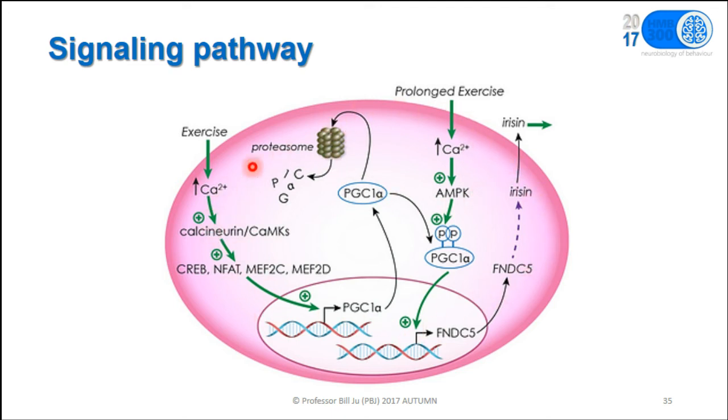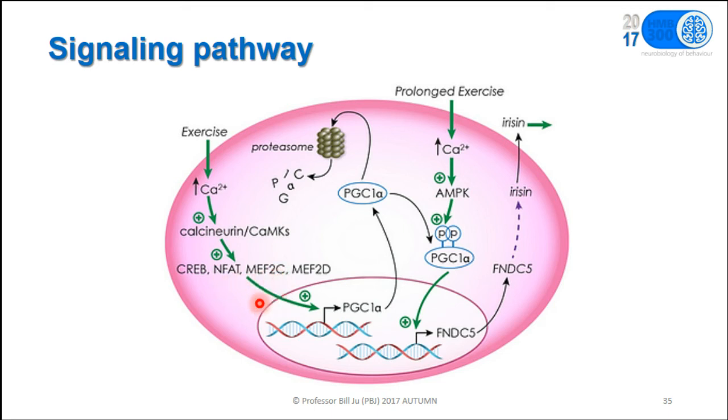And this muscle cell, as it starts to contract, as it undergoes exercise, through the processes that you learned about in physiology, will increase the intracellular levels of calcium. If you increase the intracellular levels of calcium, it will activate another enzyme known as calcineurin. It potentially could also activate calmodulin-dependent kinases, or CAMKs, which will then in turn activate CREB, that molecule that I told you about earlier, as well as some other pathways.